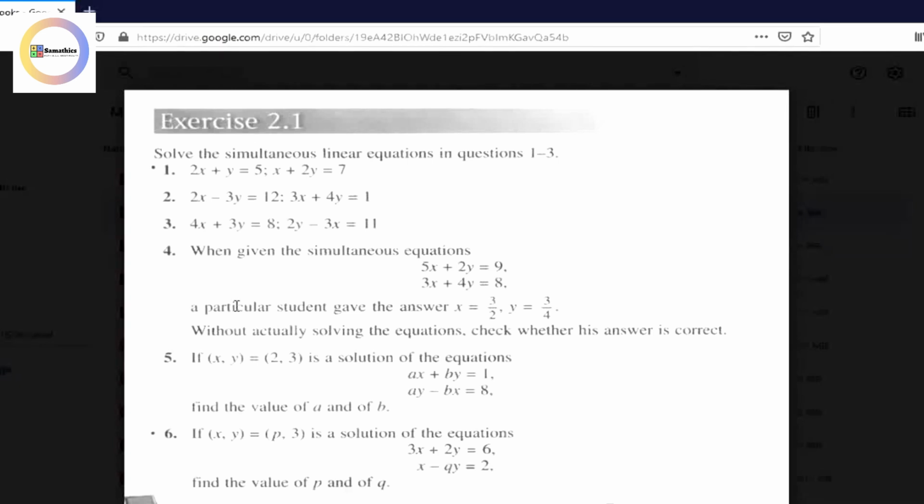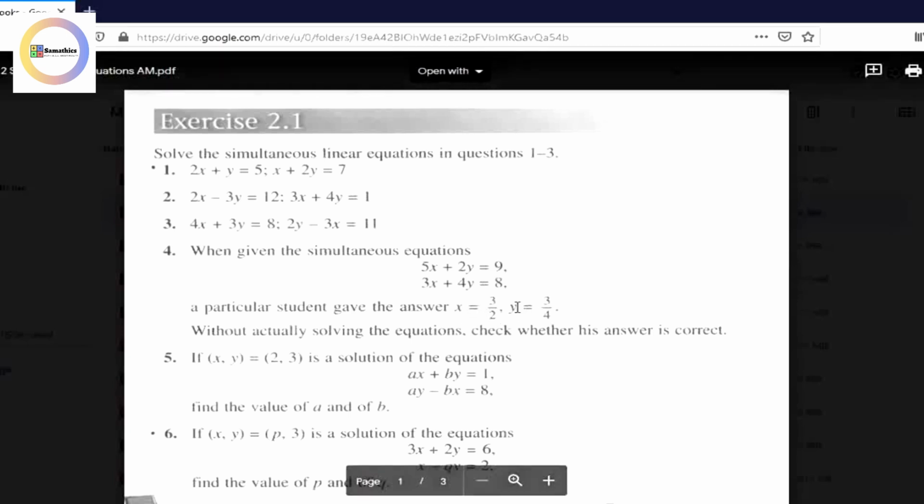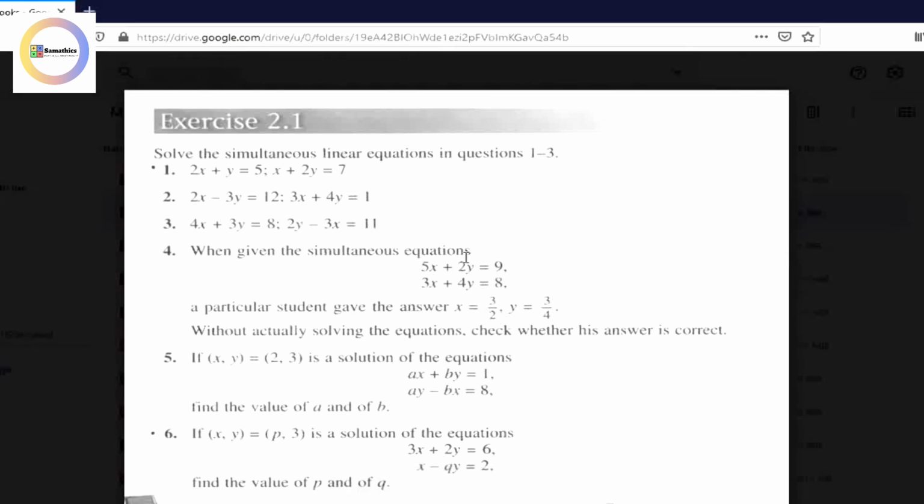For checking the answer, what you can do, you can substitute these values of x and y in both the equations, right? And then you will solve left hand side. If the left hand side and right hand side both are coming equal, it means that the values of x and y are correct. But in second equation as well, this is to be equal. When you substitute x and y over here, that must be equal to 8.